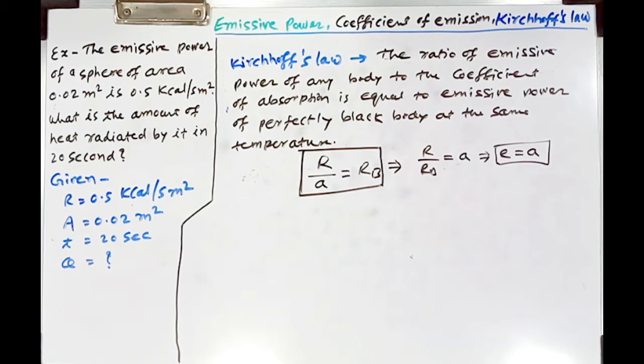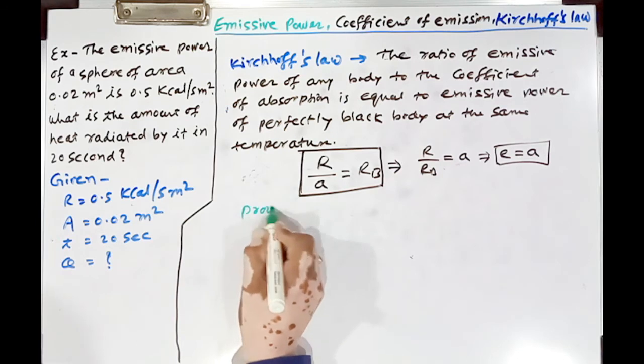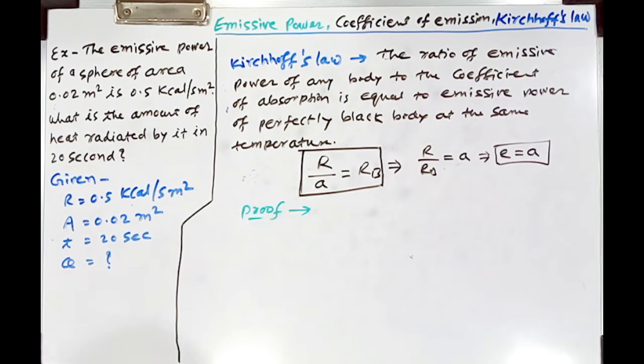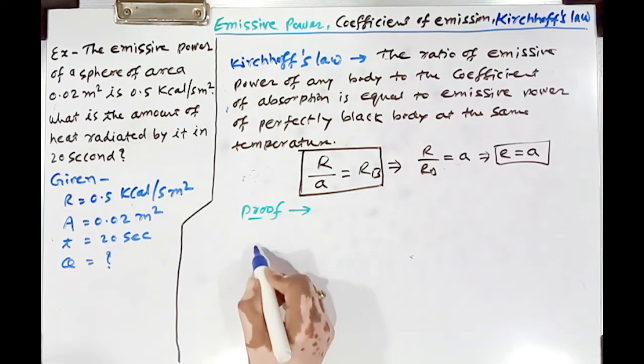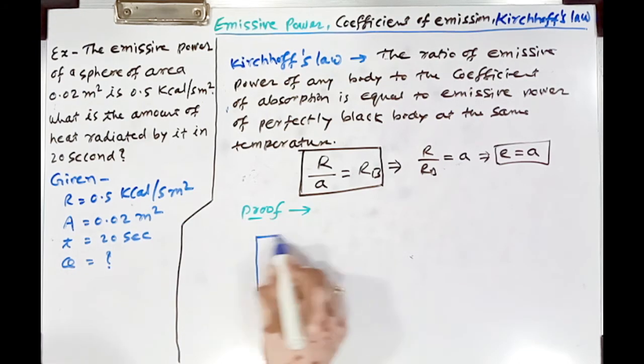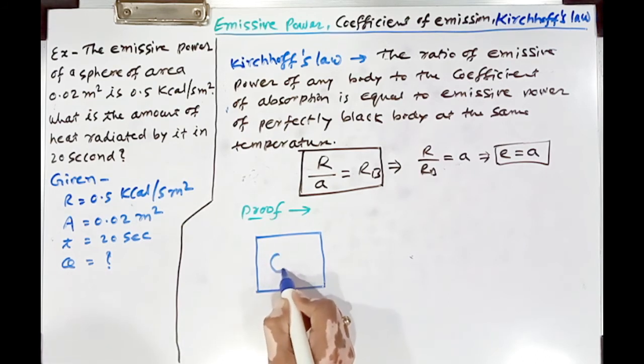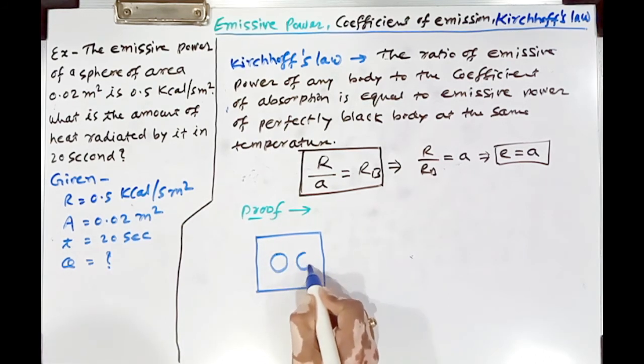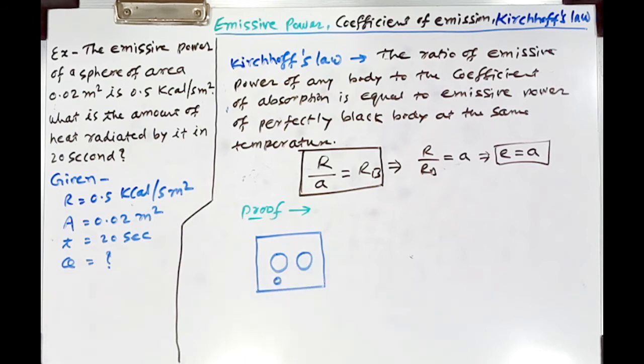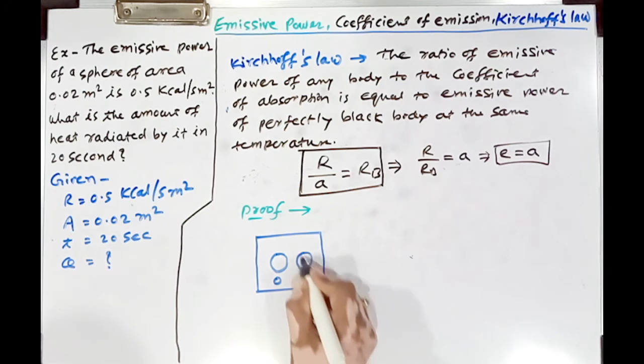Now proof of Kirchhoff's law. Kirchhoff's law can be theoretically proved like this. Let us consider a chamber containing two bodies. One is an ordinary body and another one is a perfectly black body.